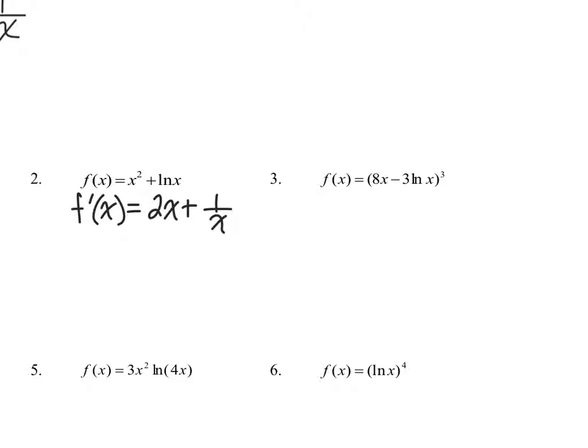Number 3 gets a little juicier because we got a little bit of chain rule going on here, but nothing too crazy. So it's power rule followed by the derivative of the inner function.